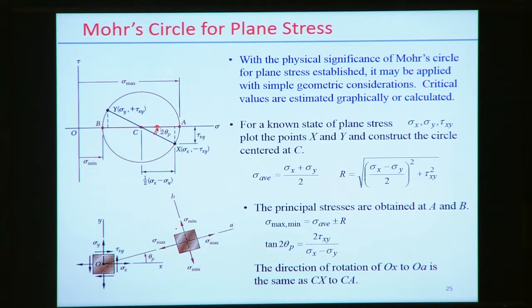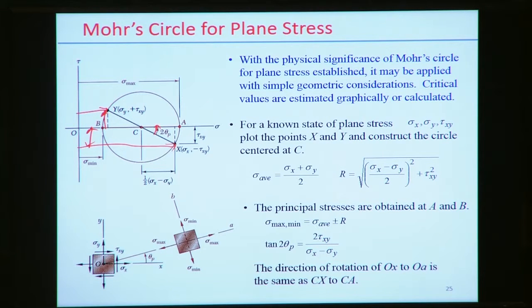With the orientation of theta p, we draw the angle theta p and present the maximum principal stresses on the O sigma axis. At this x point, the coordinate indicates this amount is sigma x, and this amount represents the shear stress value. Similarly, this amount represents sigma y, and this amount represents tau xy.